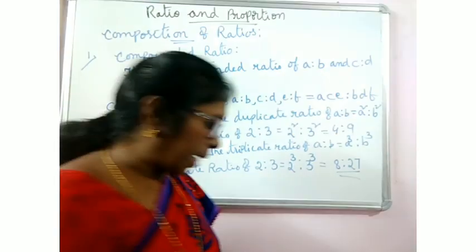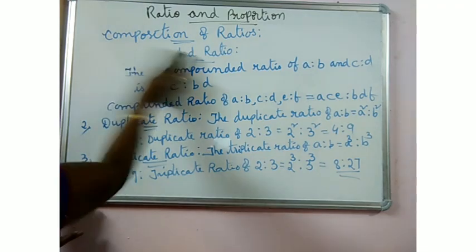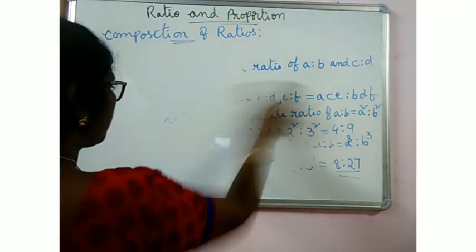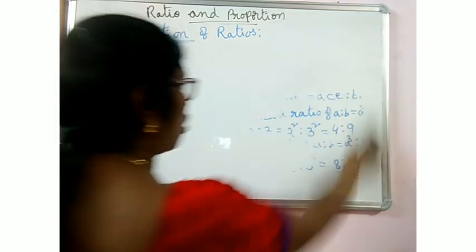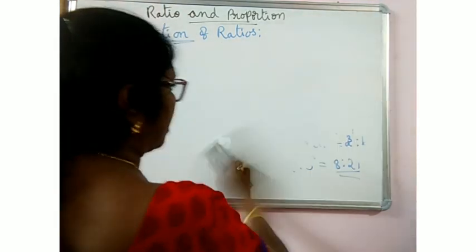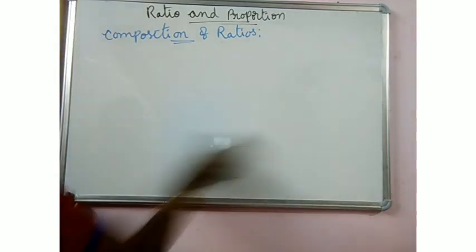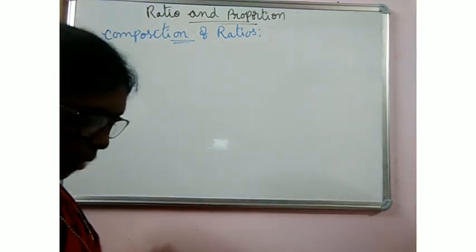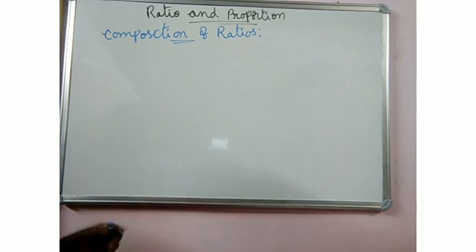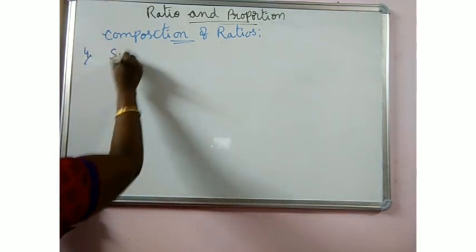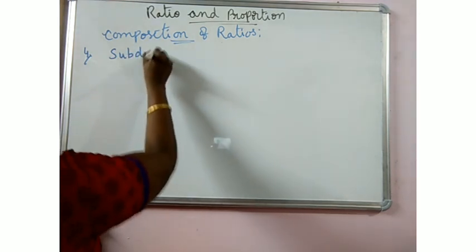Now, what is subduplicate and what is subtriplicate? Let me explain you. So, compounded ratio means product of the antecedents is to product of the consequence. Duplicate means squares. Triplicate means cubes. Now fourth is, what is subduplicate ratio?